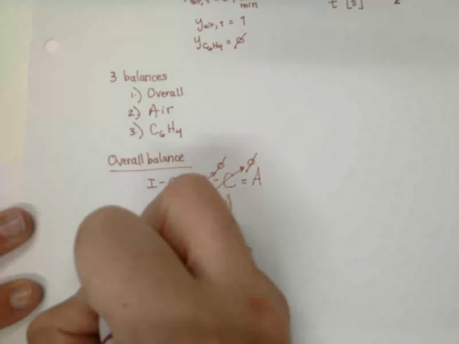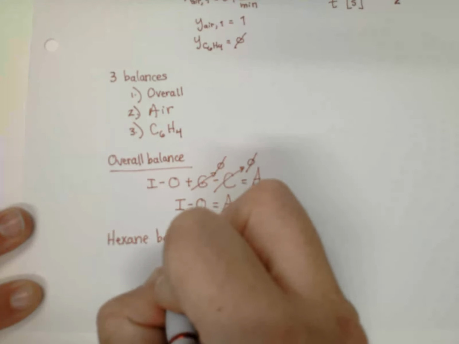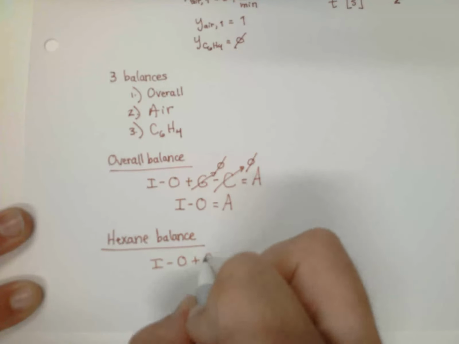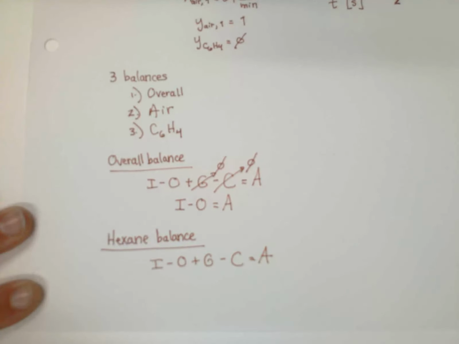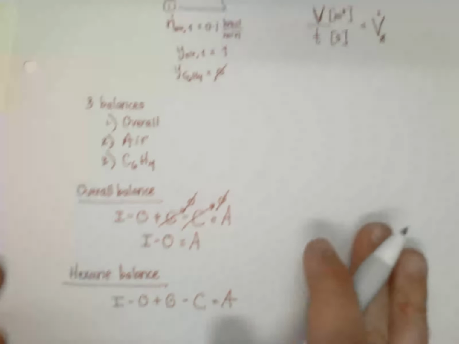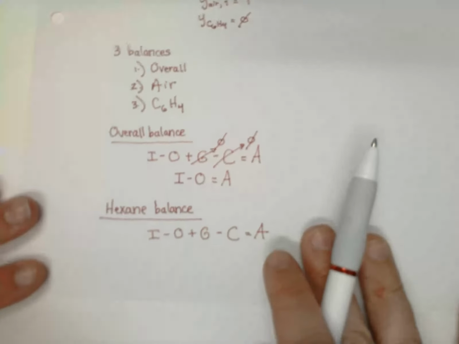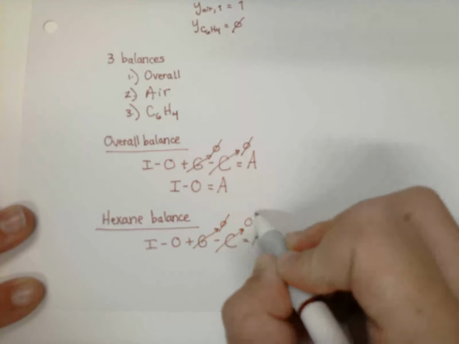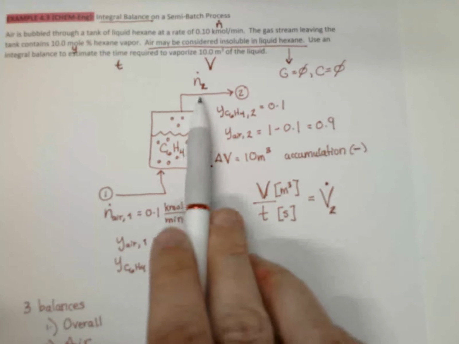Next, let's do a balance on hexane. We start with the same equation: I minus O plus G minus C equals A. And then let's think about this. Same thing. Air and hexane are insoluble, so we can definitely get rid of generation and consumption. I'm not 100% sure about accumulation yet. There's definitely hexane in the output.